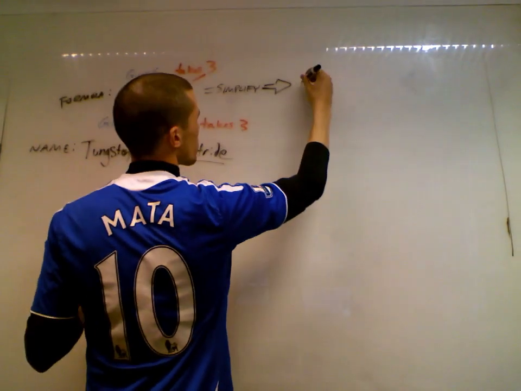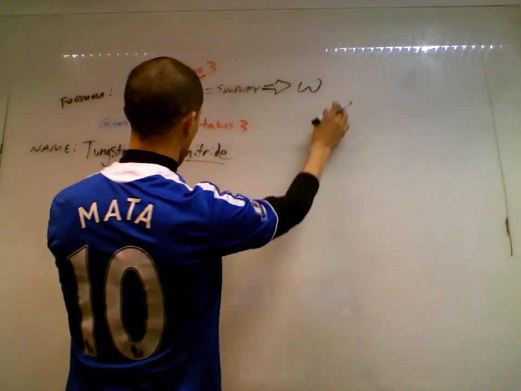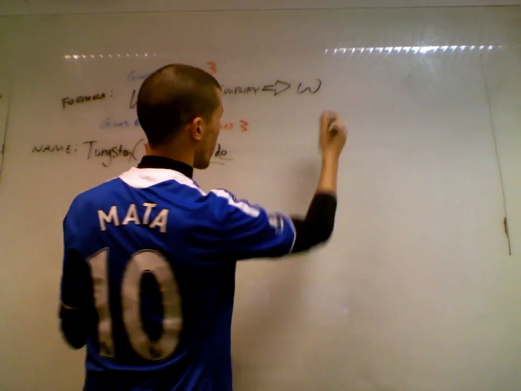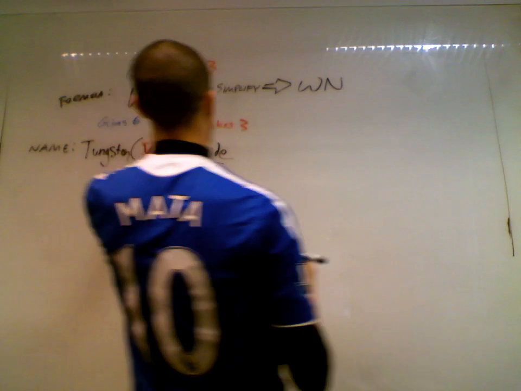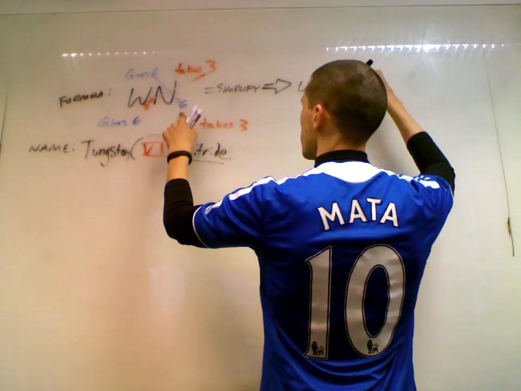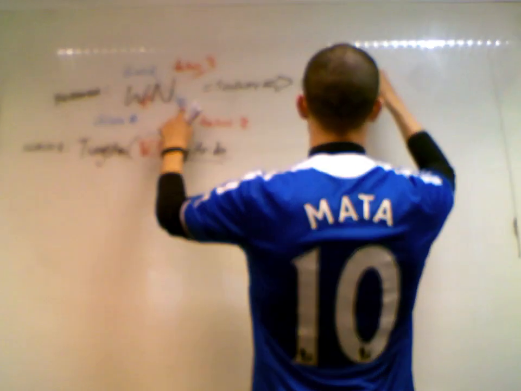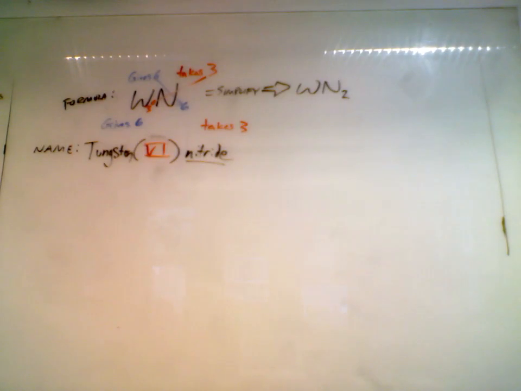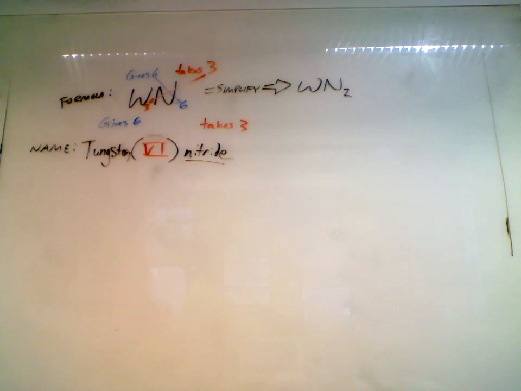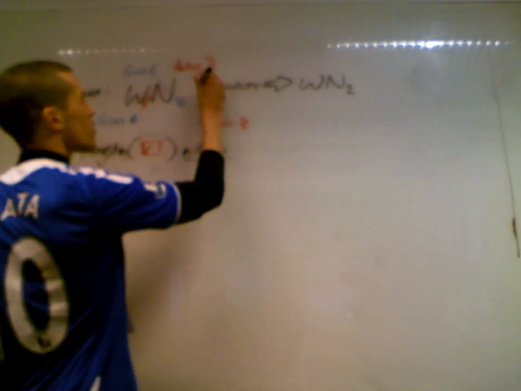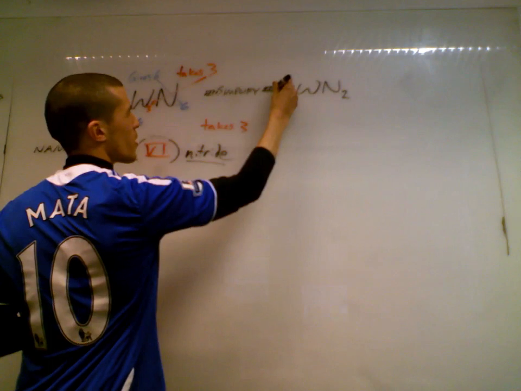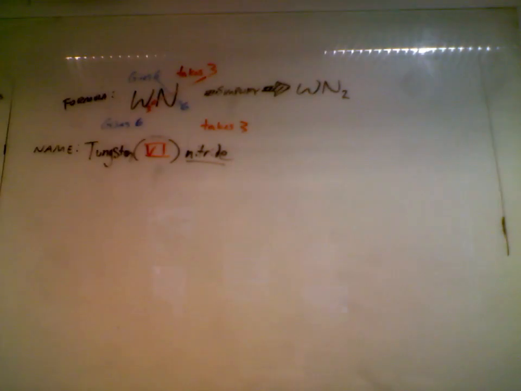You can simplify it to W, and then N. So 6 divided by 3 is what? 2. So, WN2. Simplify to that. All right. That's pretty good.